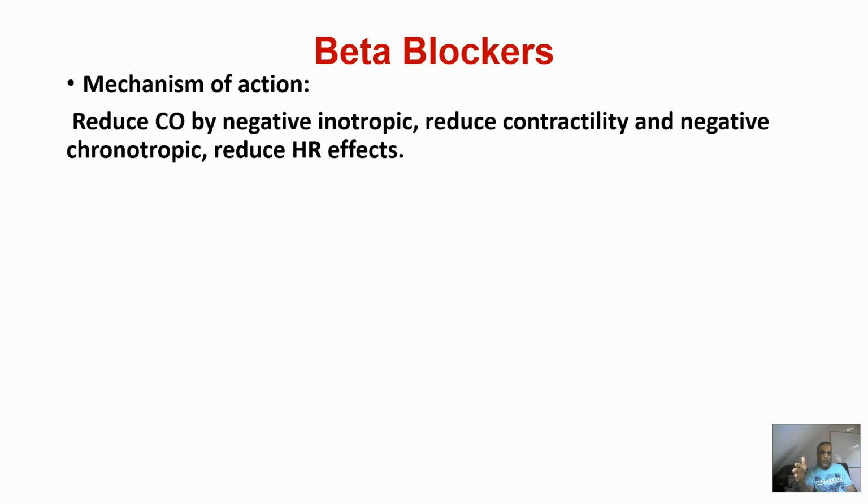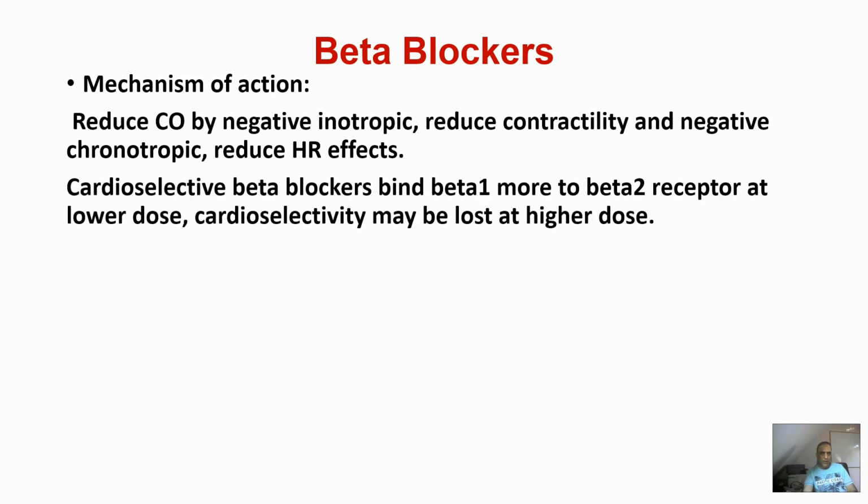Cardiac output and heart rate are the main targets for the control of hypertension. We have several types of beta blockers which we study today. Cardiovascular beta blockers bind to beta 1 more than beta 2 receptors at a lower dose, and the cardioselectivity may be lost at a higher dose.